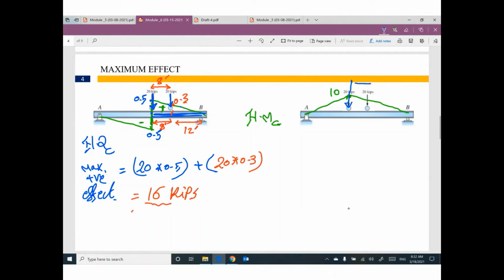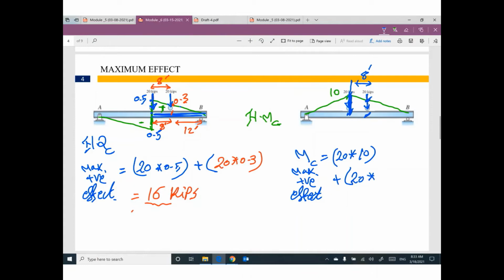So at distance 8, from this side or this side, whatever, I have the second one. So the maximum positive effect of MC equals this value of wheel 20 times the corresponding value from the diagram, which is 10, plus the second wheel 20 times the corresponding value.